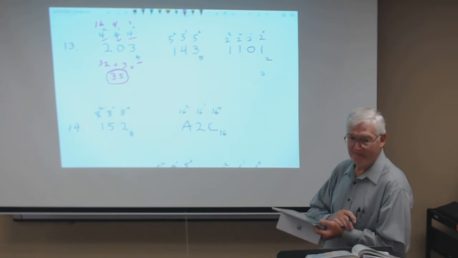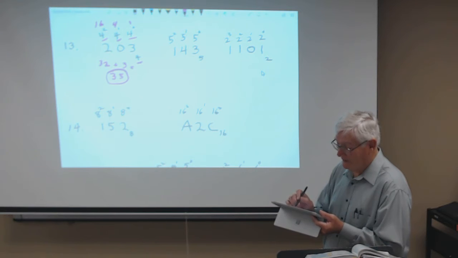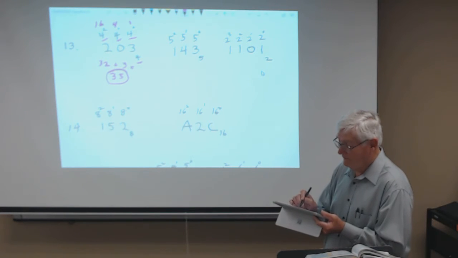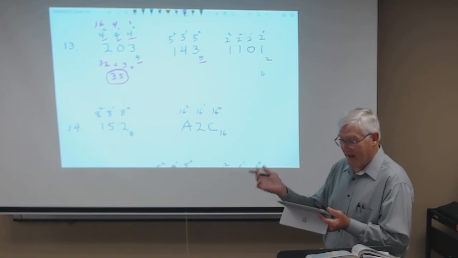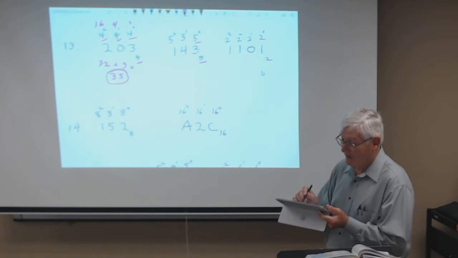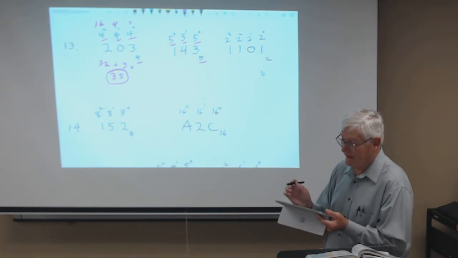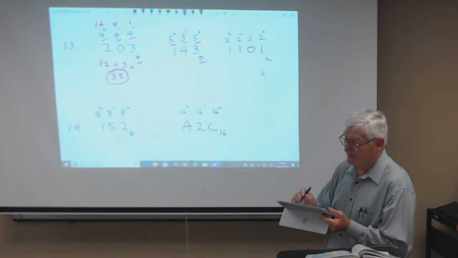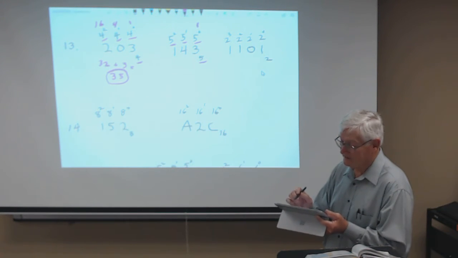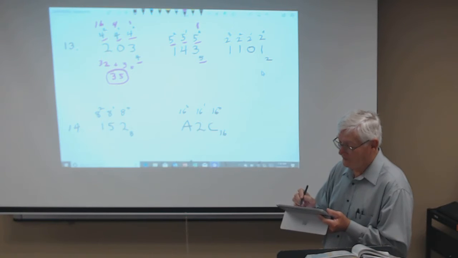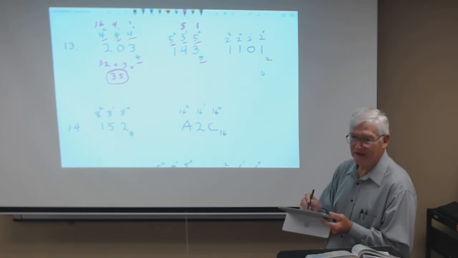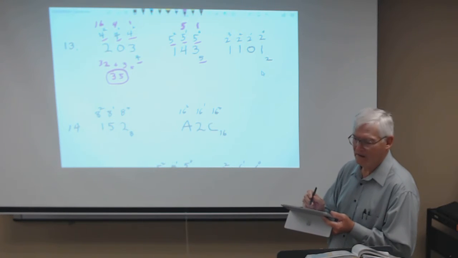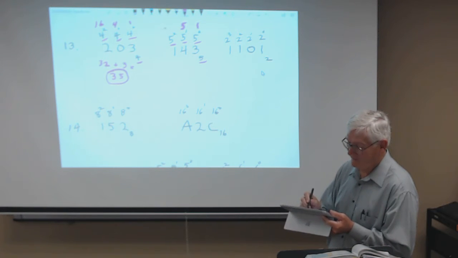You got it? So now let's do another one. 143 to the base 5. So now what is it? It's 5 to the 0, 5 to the first, and 5 to the second. So what's the 5 to the 0? That's the 1's place. What's 5 to the first? That's the 5's place. What's 5 to the second? 25's.